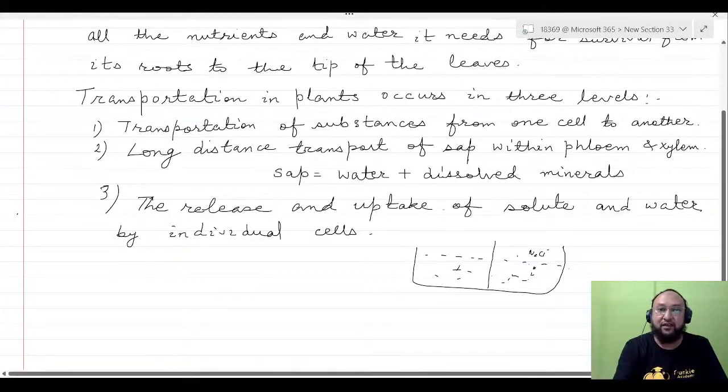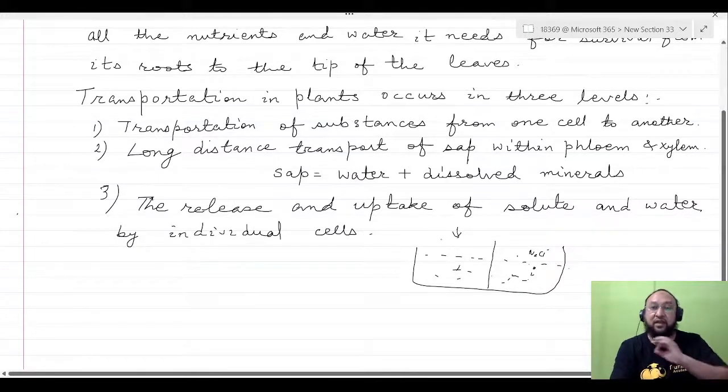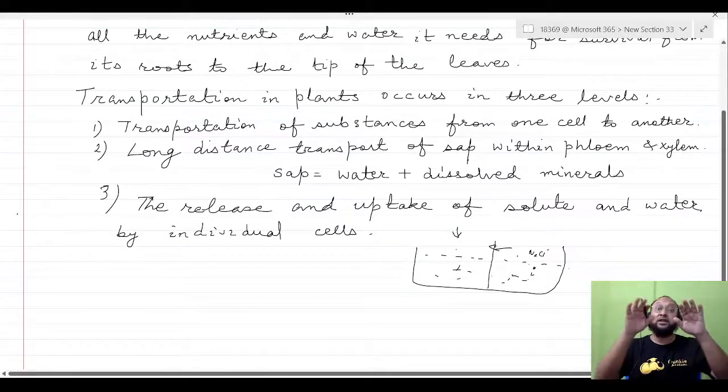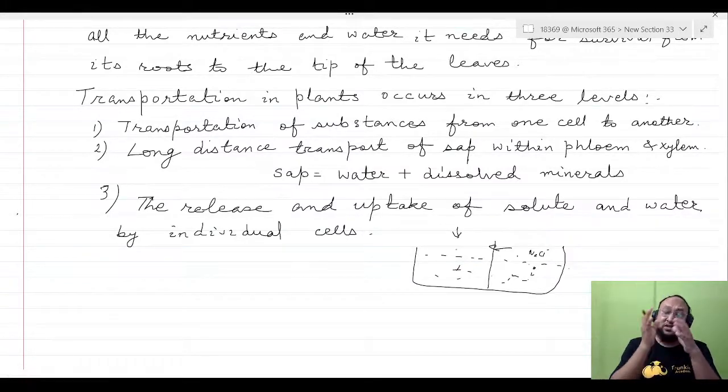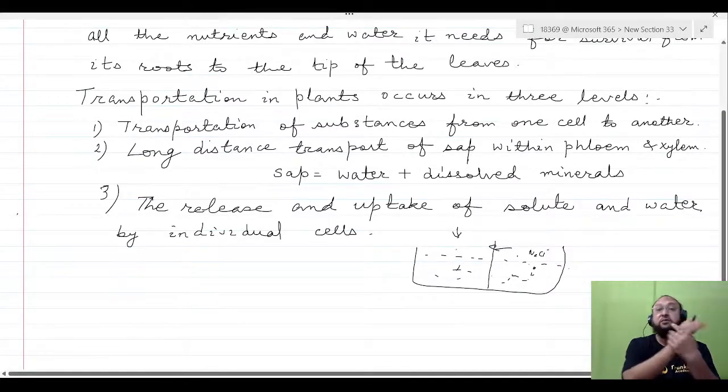What will happen? The sodium chloride will move from the higher concentration to the lower concentration until equilibrium is achieved.